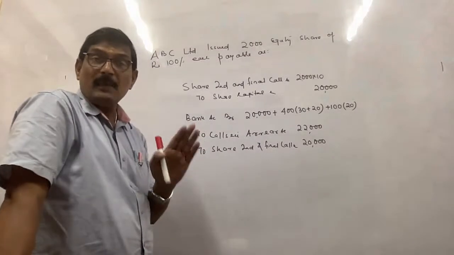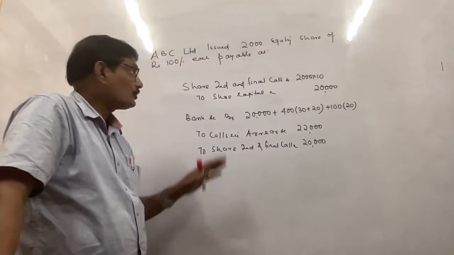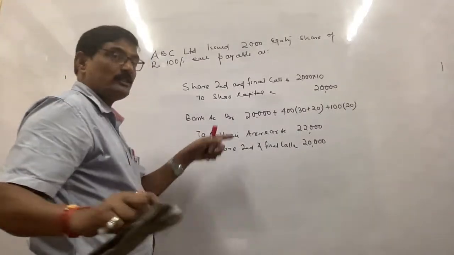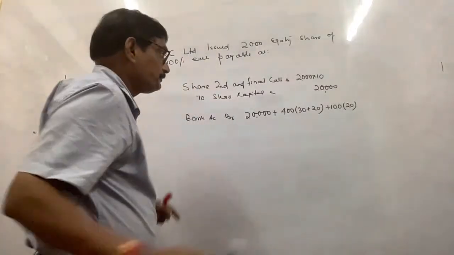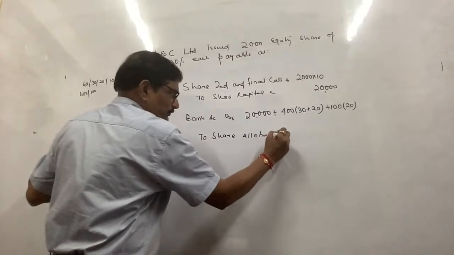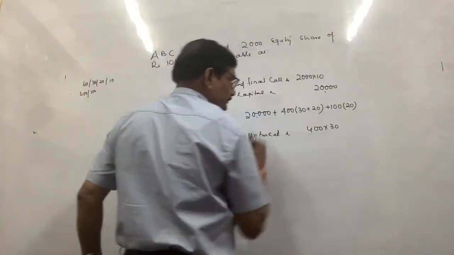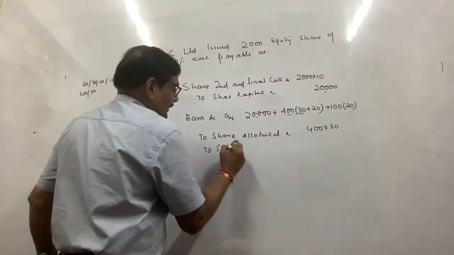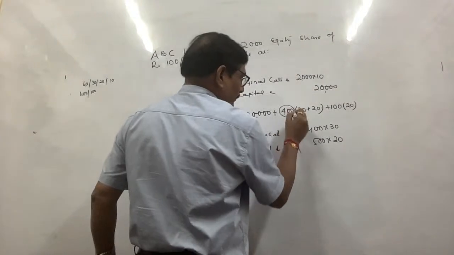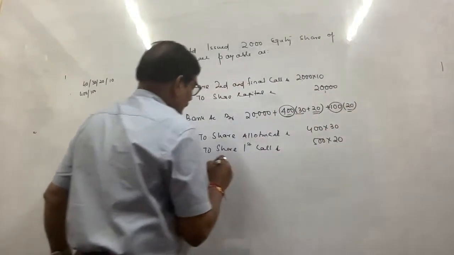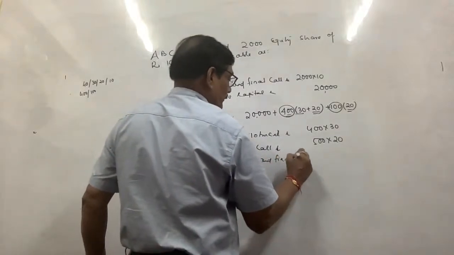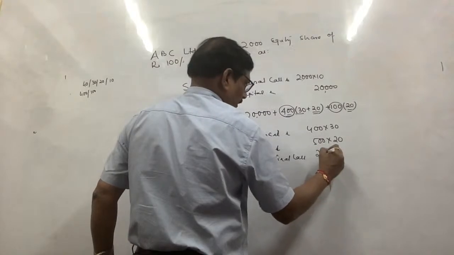Right? And if we have not used calls in arrear, as we have discussed earlier, at that time, instead of writing calls in arrear, the entry will be to share allotment account, that is 400 into 30, to share first call account, that is 500 into 20, to share second and final call, 20,000.